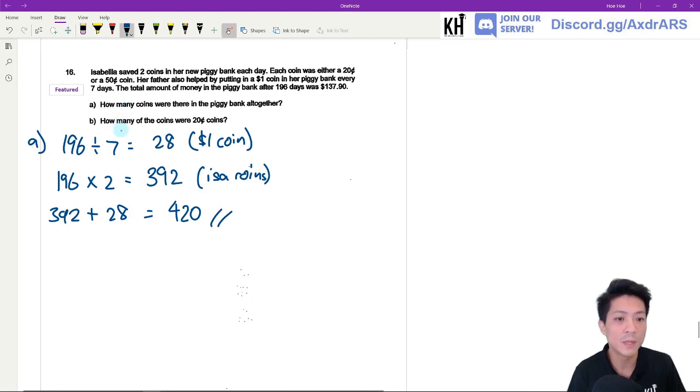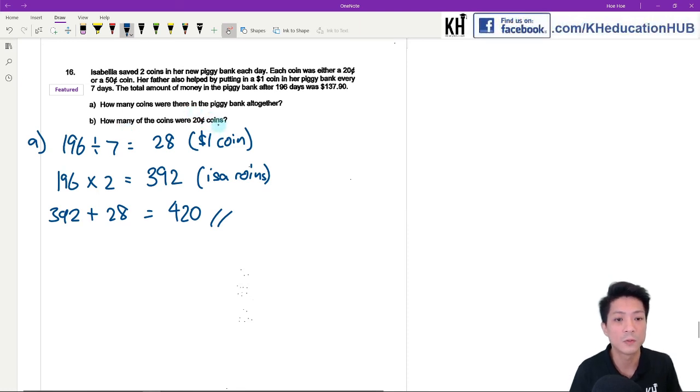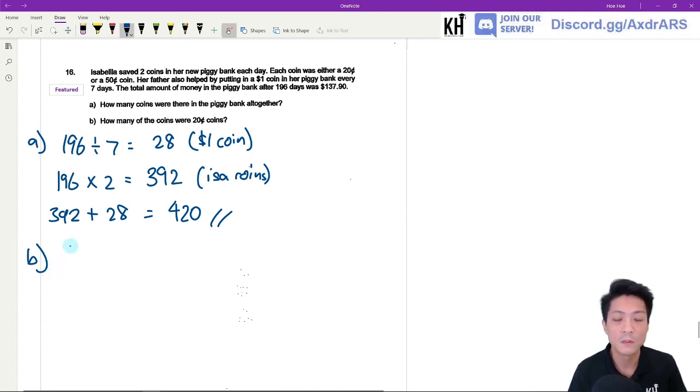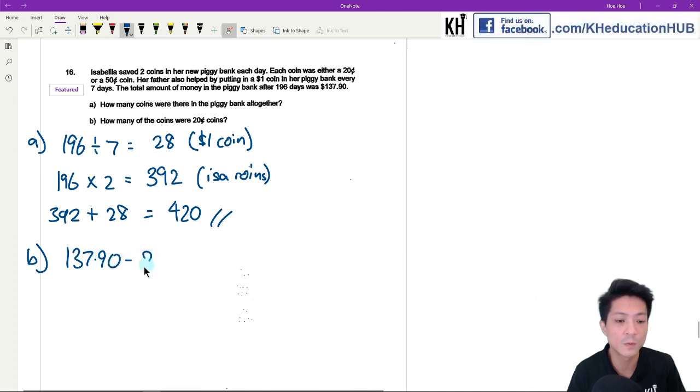Part B, how many of the coins were 20 cents? Okay, for part B, first we need to find out the total amount of the 20-cent and 50-cent coins. So I'm going to use $137.90, subtract away the $28 that was put in by her father.